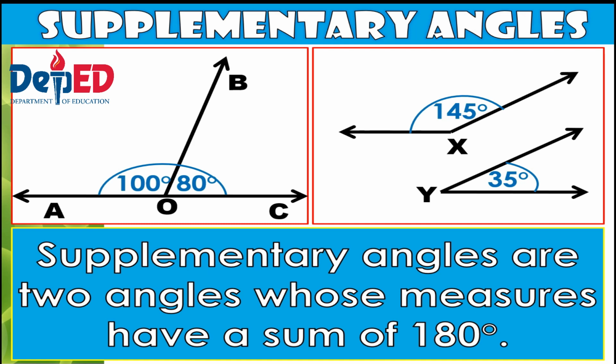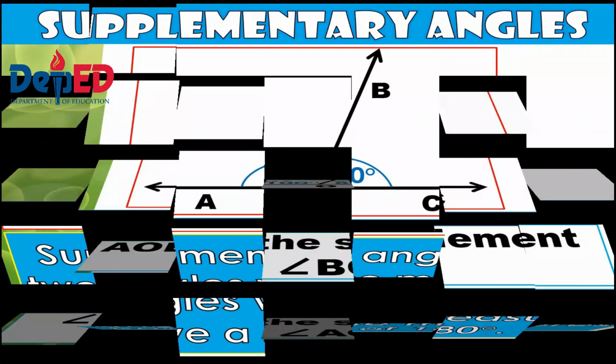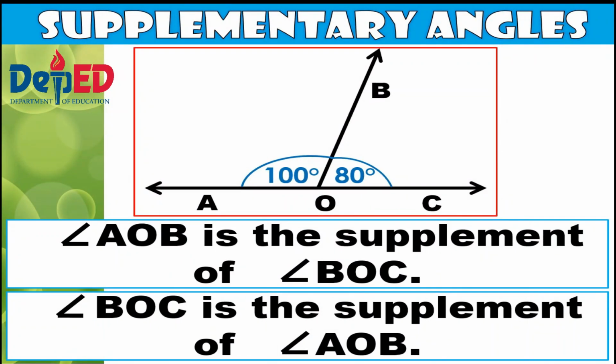So they are called supplementary angles. They are 2 angles whose measures have a sum of 180 degrees. Angle AOB is the supplement of angle BOC, and angle AOB measures 100 degrees.